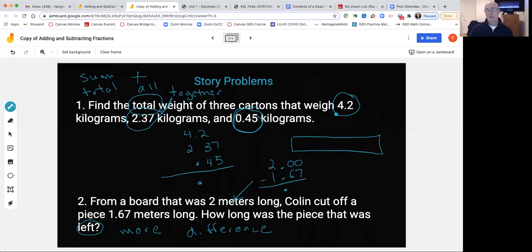Oftentimes it becomes more clear what to do with them. Many students, whatever country you're from, have a little trouble figuring out what's being asked when it's in a sentence. So watch for keywords like more than, less than, or the sum or total, and also put the numbers on paper, and that'll give you some help.